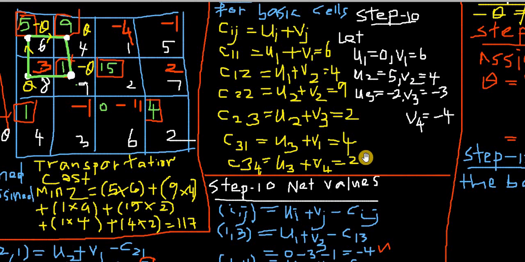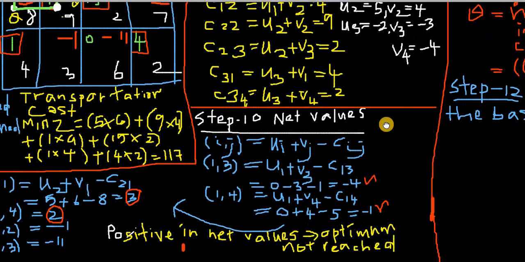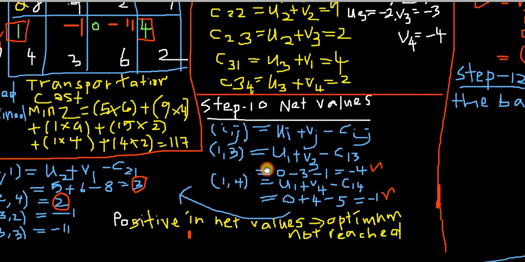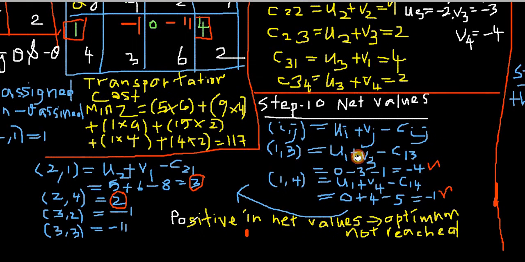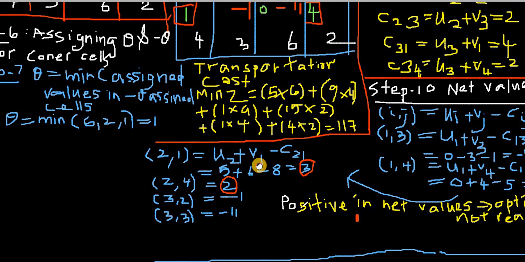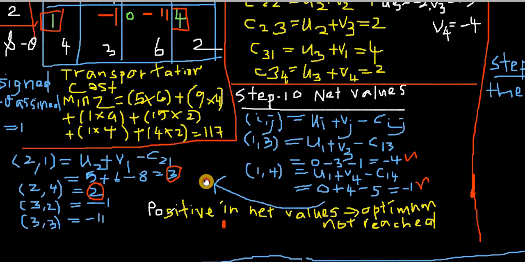Now the next step is to calculate the net values, using this particular formula. We have to find the net values here. Net values for what? For non-basic cells. Now look at that.